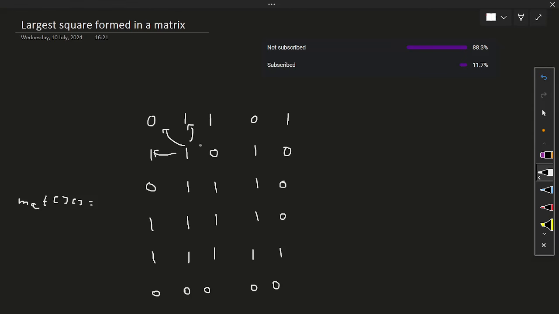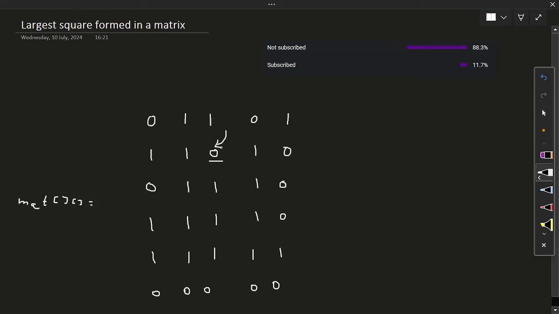I will tell you the approach on the way. So the minimum length is 0, so we will add the minimum length in this cell.